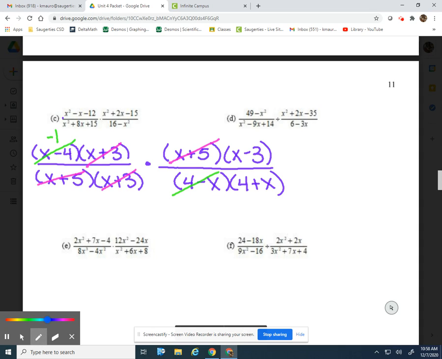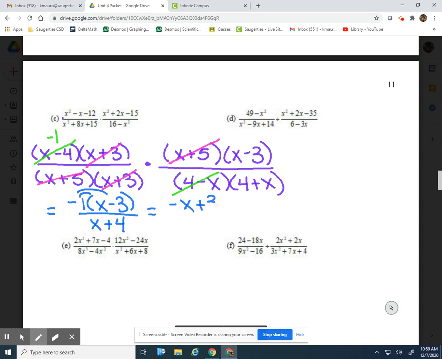So now we're left with, equals, -1 times x minus 3 over 4 plus x, and x plus 4 are the same thing. So I'm just going to write x plus 4, but you could write 4 plus x. Distribute. So our final answer is -x plus 3, otherwise known as 3 minus x, over x plus 4.